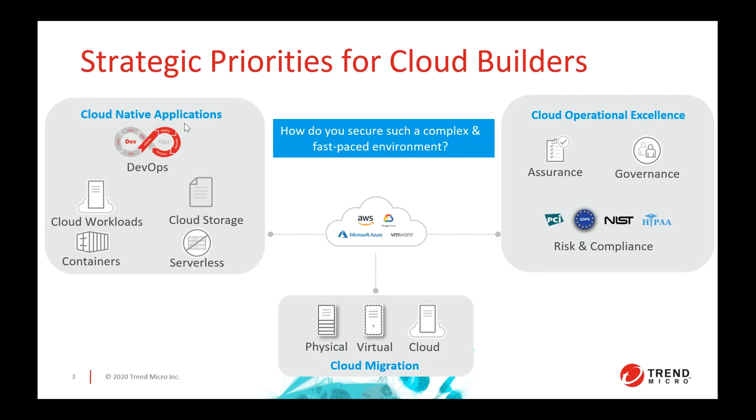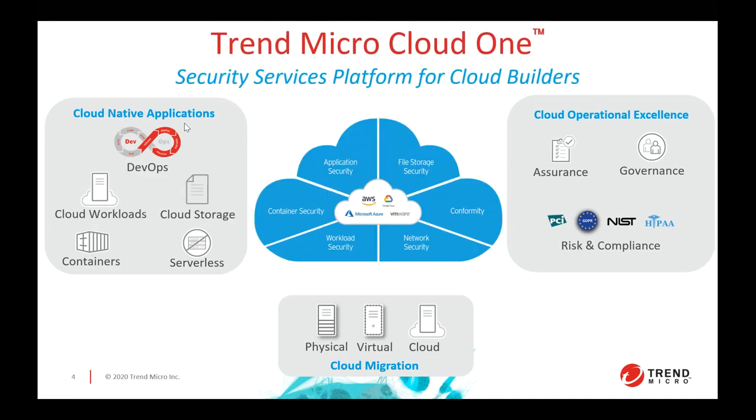So we need an all-in-one solution for protecting all the services available in the cloud. We need one solution to protect everything. So this is how Trend Micro Cloud One evolved, the single security services platform for cloud builders.